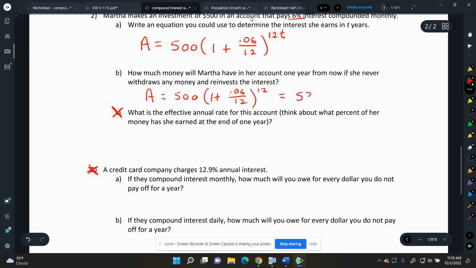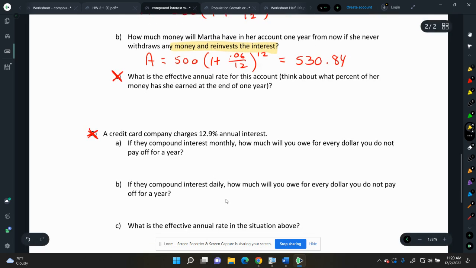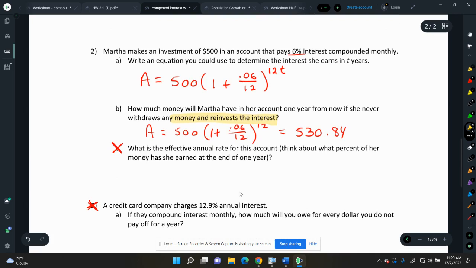So that's $530.84. Right? When we say we're reinvesting, we're not withdrawing any money and we're reinvesting the interest. So that's compound interest. Okay. Questions on that one? Okay. Moving down to number 5. We good?